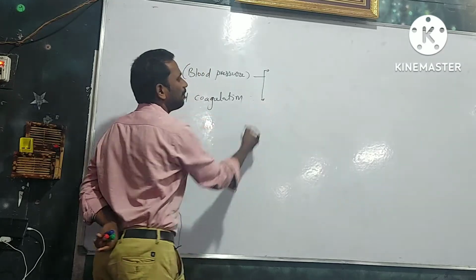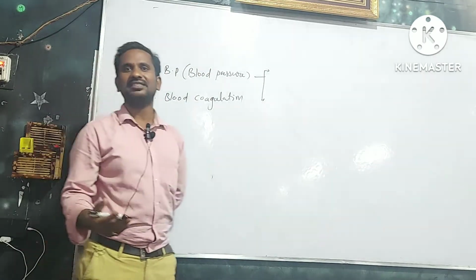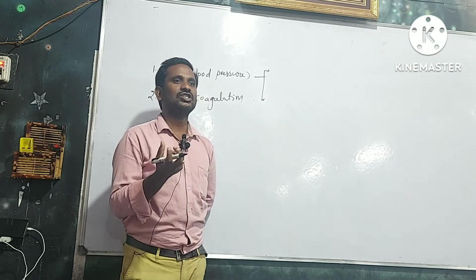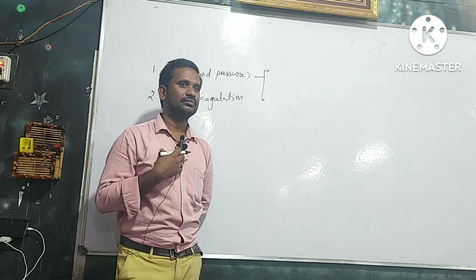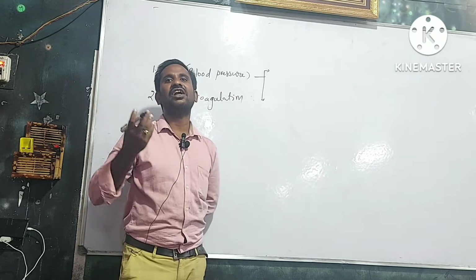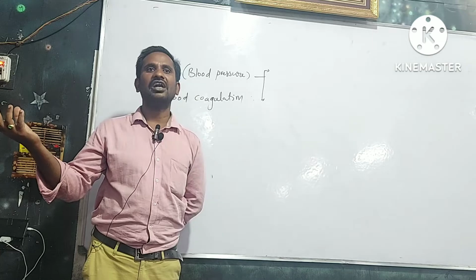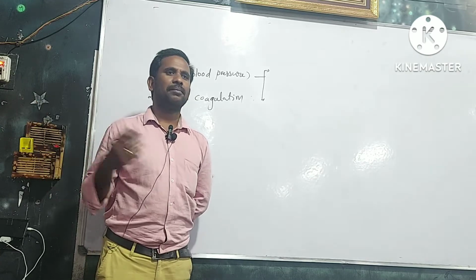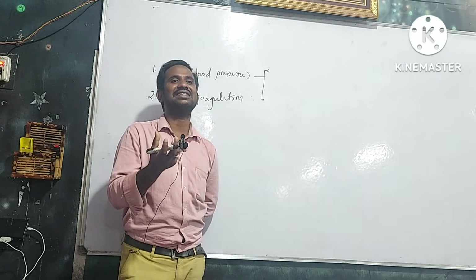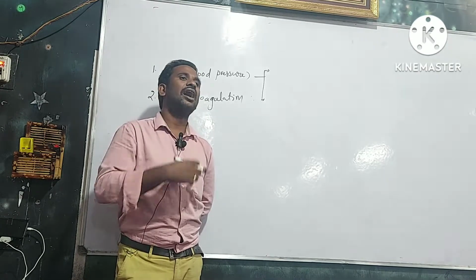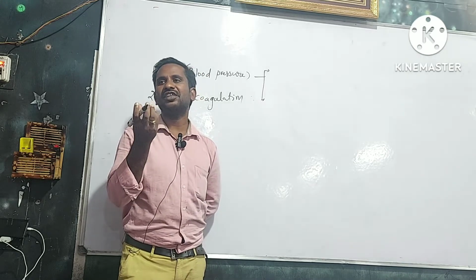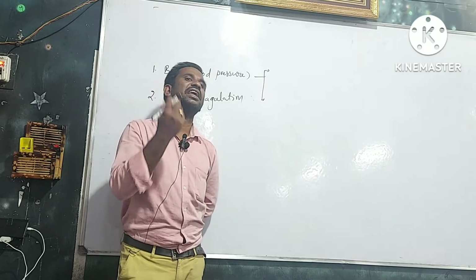So BP means, we already discussed the cardiac cycle, the systole and diastole of our heart. Very important. When you observe, heartbeat is equal to pulse rate. When the size of the body increases, the heartbeat will decrease; when the body mass decreases, the heartbeat will increase.